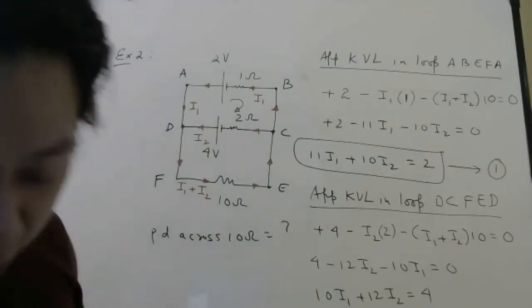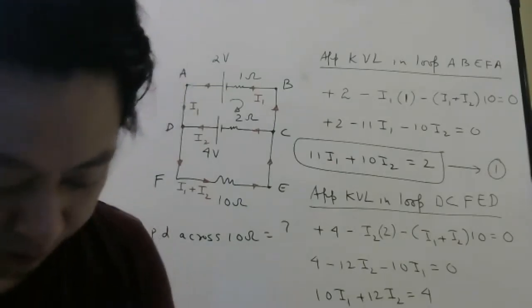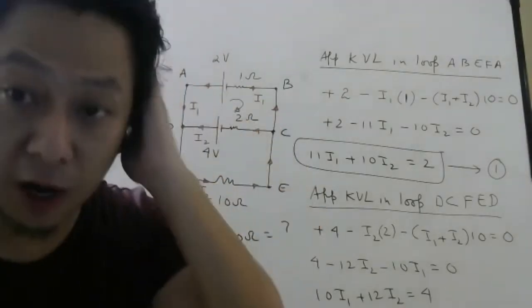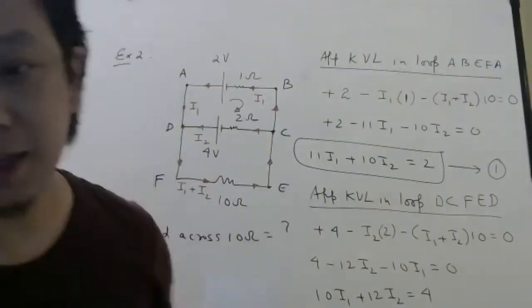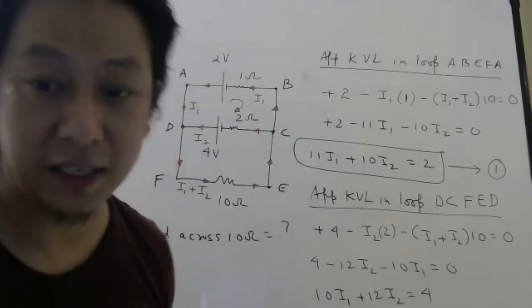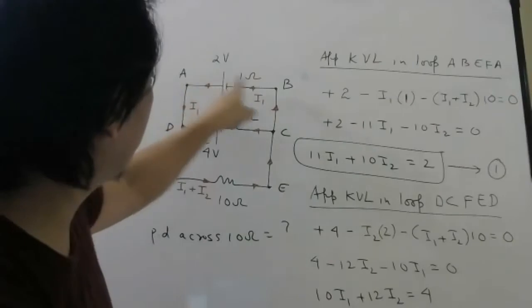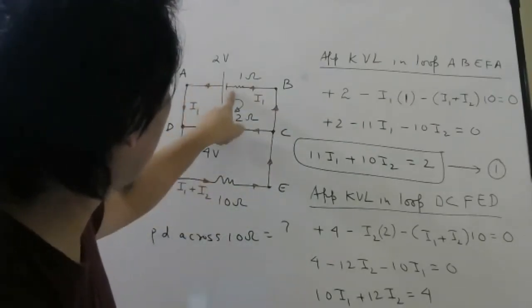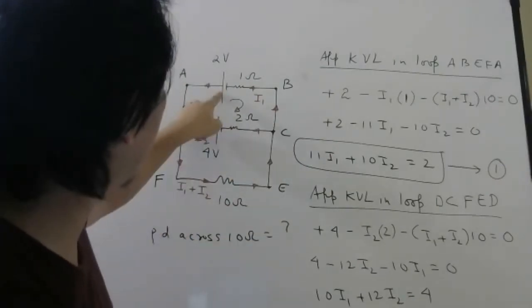Shall I explain once more or you understood? So, but first you have to remember, drop in potential, I take positive, rise in potential, I take negative. So for battery, I am moving this way, sorry. So for this battery, plus 2 minus drop. What is the potential difference?